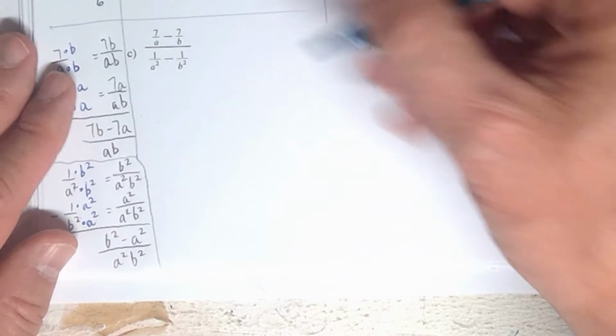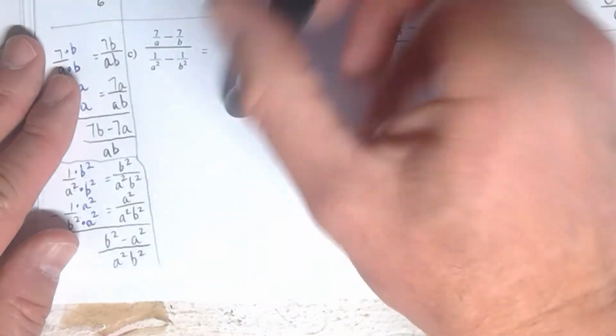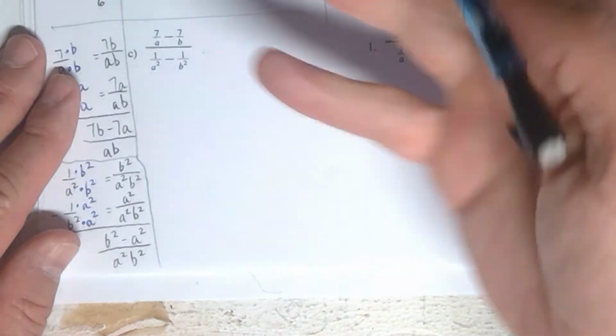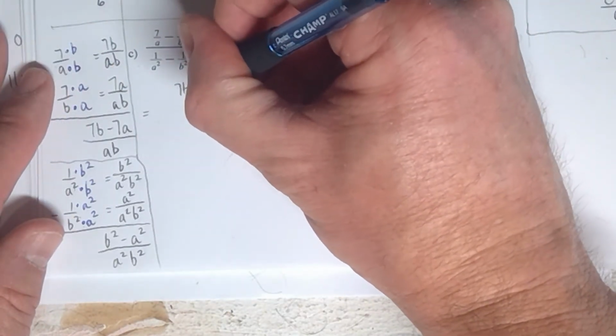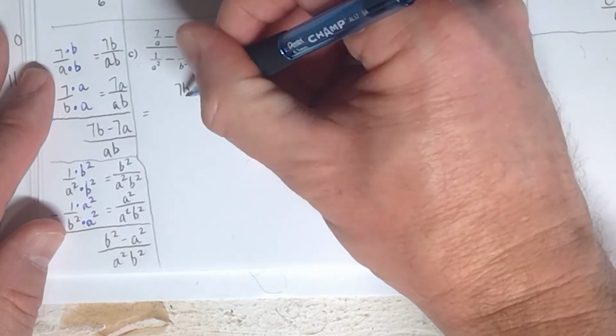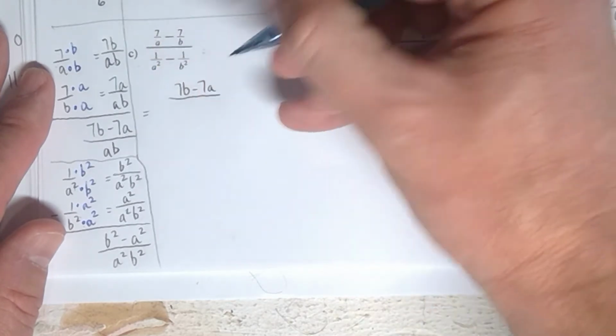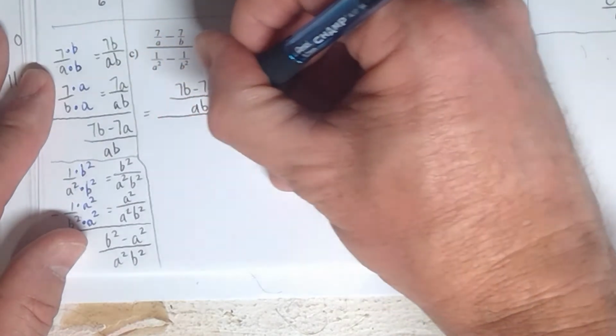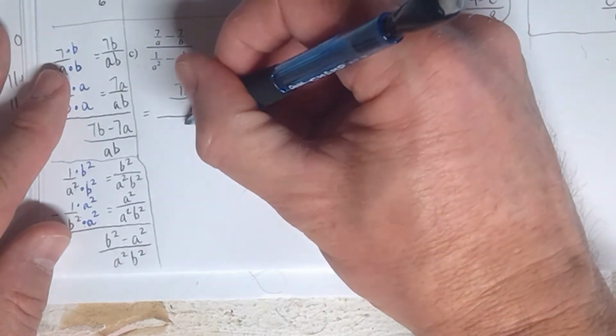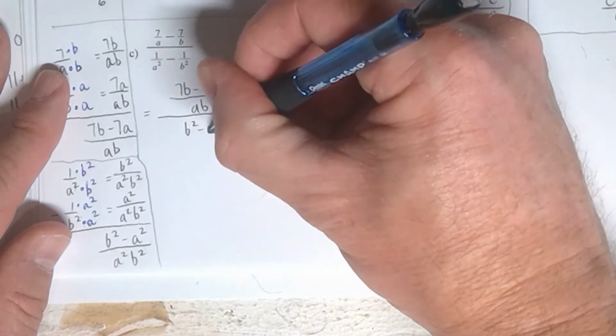So we did it. Let me put it down on the next line so I have more room here. I took the top of the big fraction bar and I made it look like this right here, and I took the bottom of the big fraction bar and I made it look like this right here.